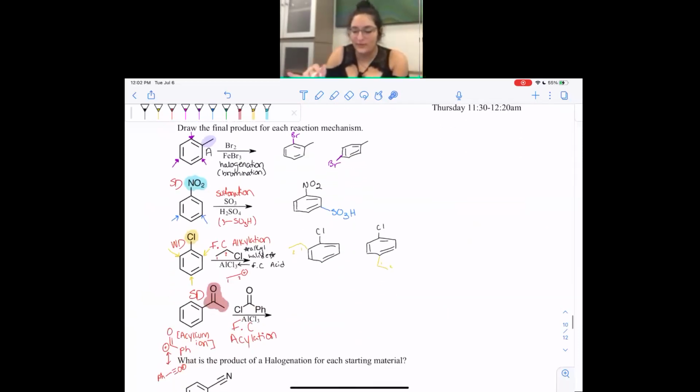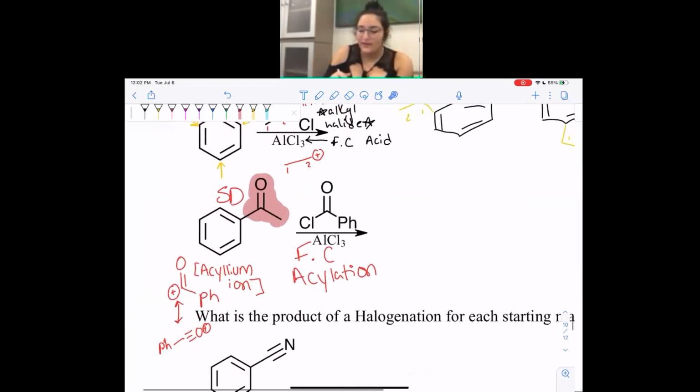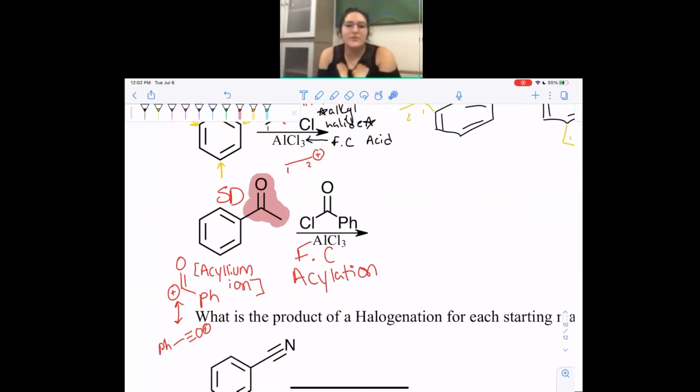So if we scroll back down, where do strong deactivators direct? Meta. Cool. Meta. But is there any problem with this reaction?